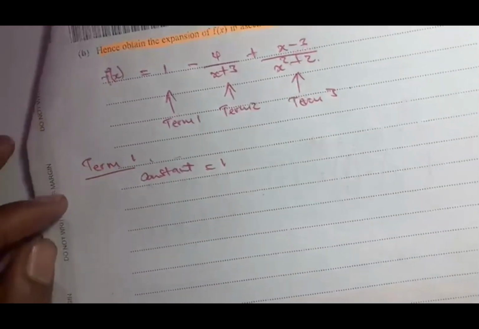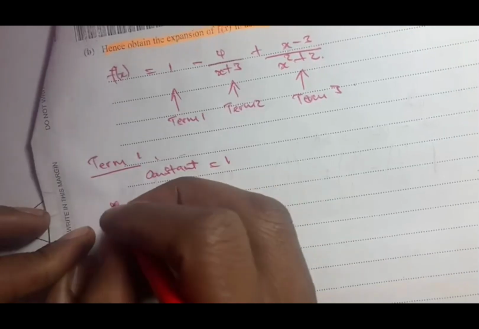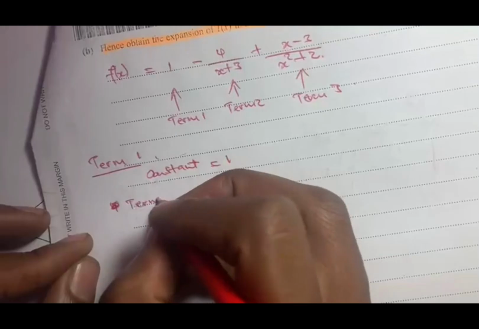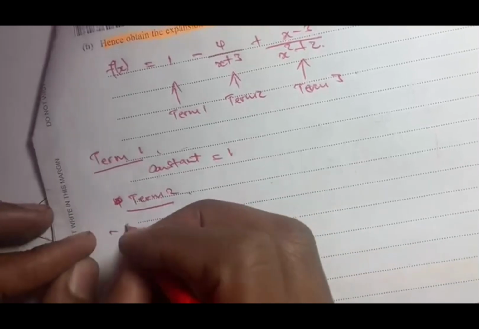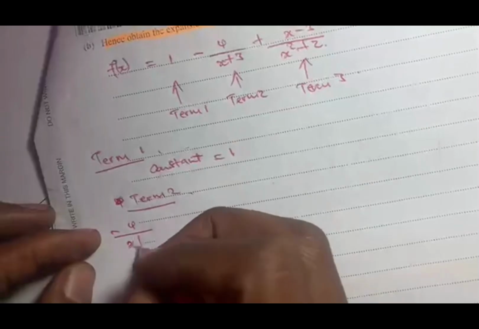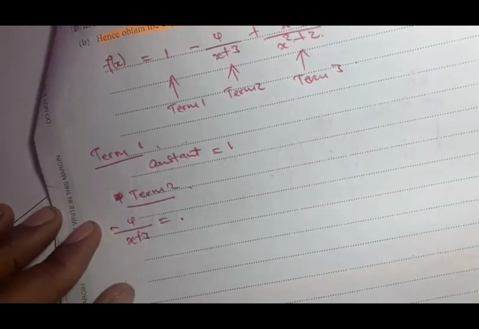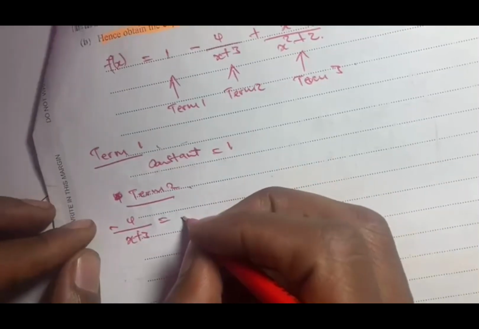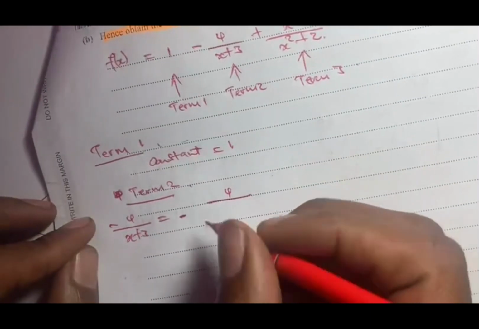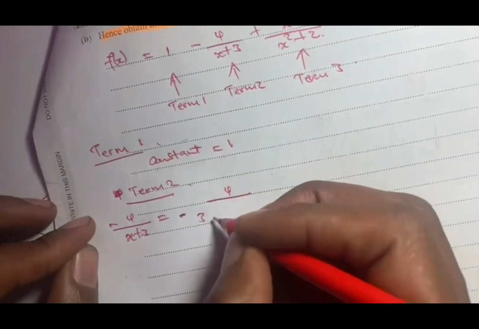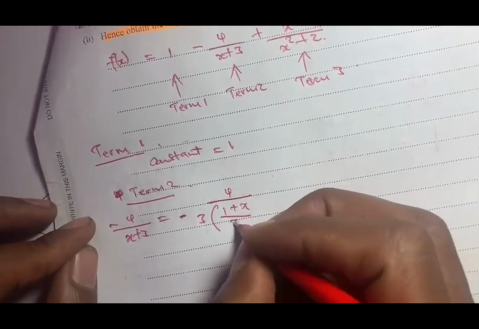Then term 2, which is negative 4 over x plus 3. I expand it: take 3 outside of the bracket, then 1 plus x over 3.